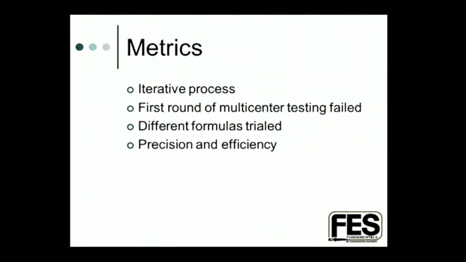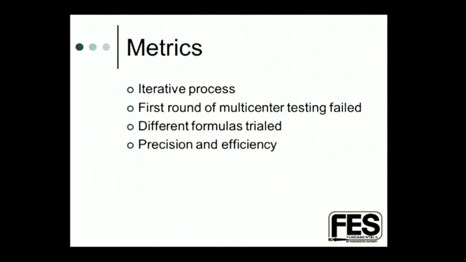We then went through an iterative process to not only develop these skills modules, but then to test their performance. And we did multiple rounds, actually, of multicenter testing. One of the more difficult modules, for example, was loop reduction, getting that to perform in a way that was required.